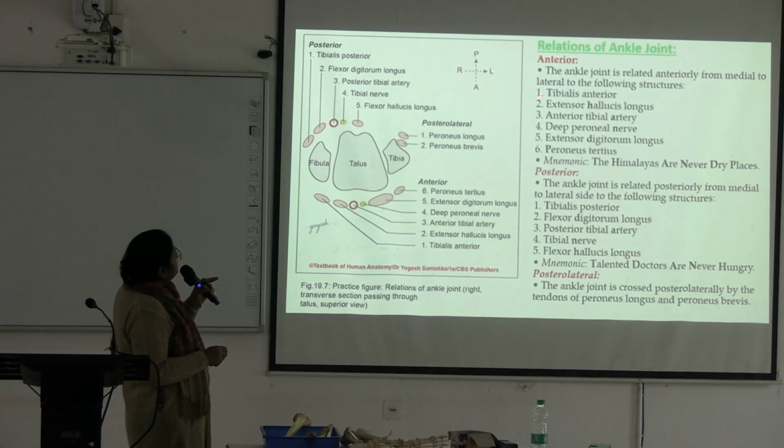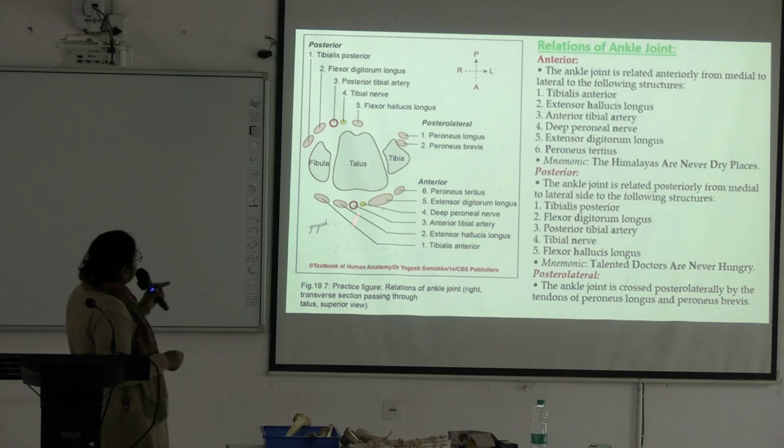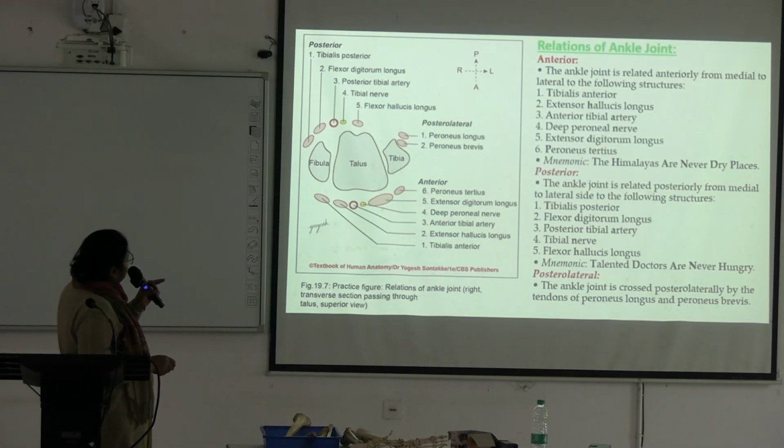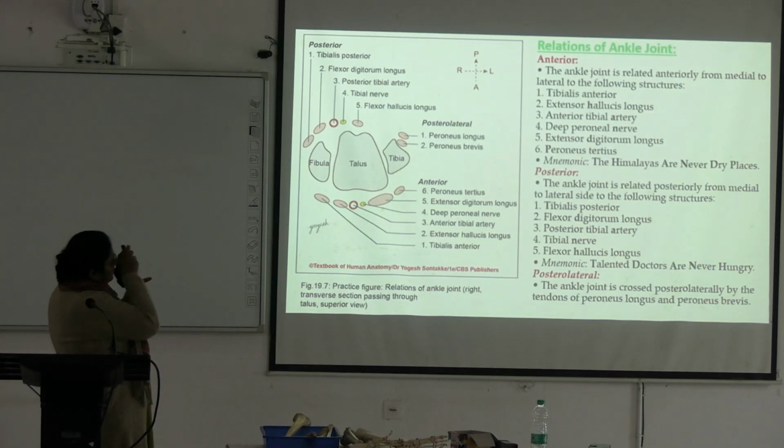First is tibialis anterior. This is written wrong actually. Here is the tibialis anterior. Next is extensor hallucis longus. Here is the extensor hallucis longus. This tibia and fibula is written wrong.